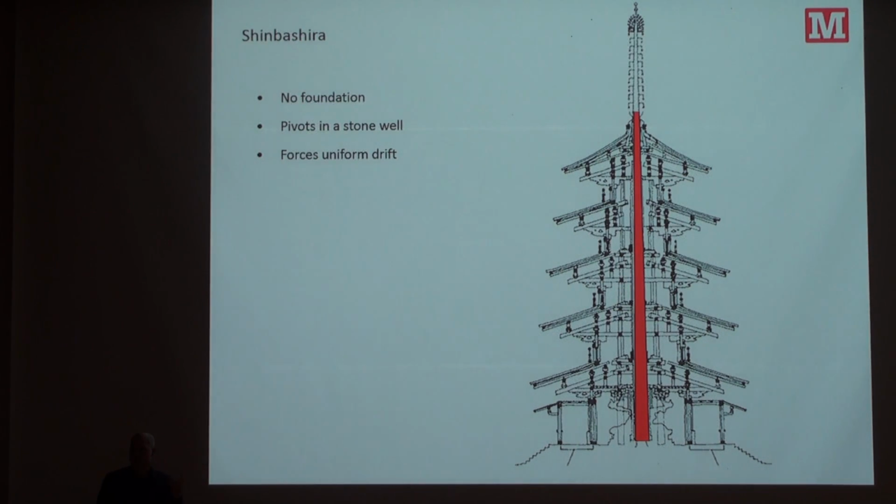1,000 years ago, Japanese temple builders figured out that they could build a 5-story wood structure with just traditional wood joinery, and they could stack it in earthquake country. And by introducing a single cedar pole, which is called the shimbashira, which sits in a stone well. If you took this pole and put it on the base, it would fall over.